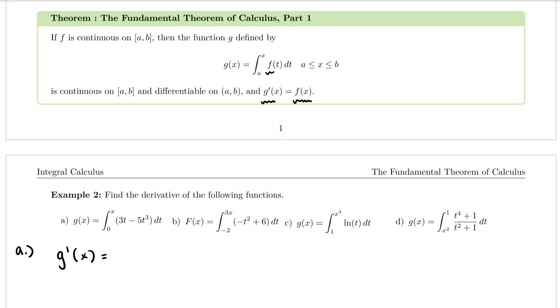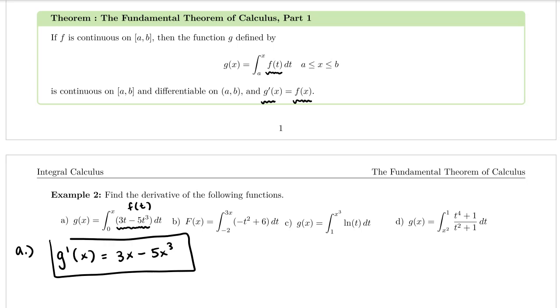And here our integrand is f of t, so all we need to do is, into our function, replace everywhere we see a t with the variable x. So here is my integrand. This represents f of t, and inside of it, I'm going to replace all of my input variables with x. So I have 3x minus 5x cubed. And it's as simple as that. That is our answer for part A.